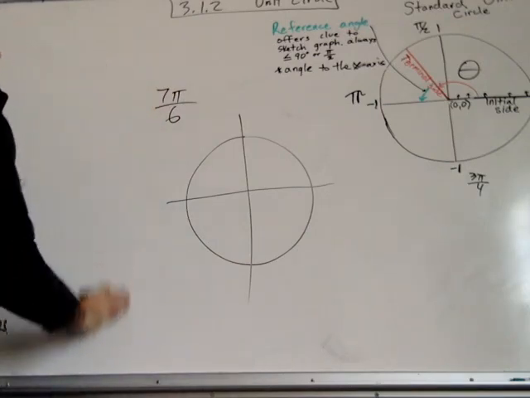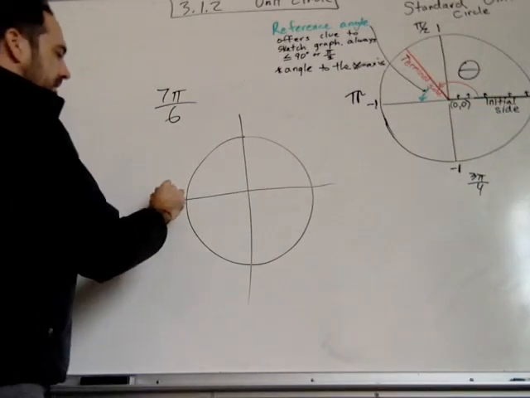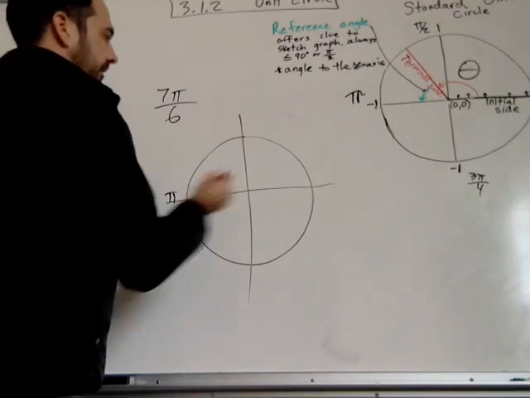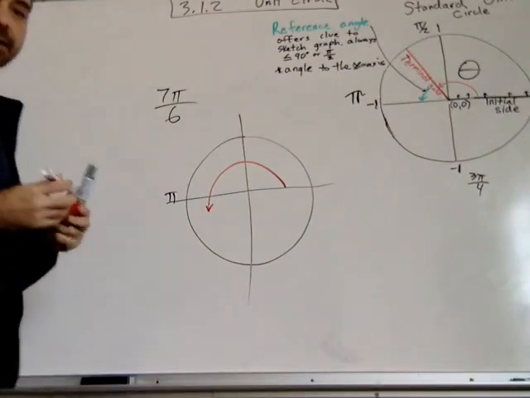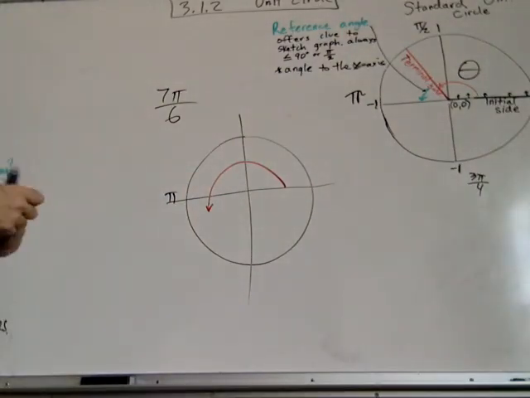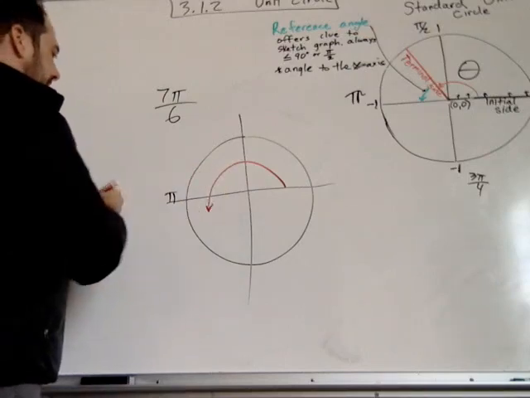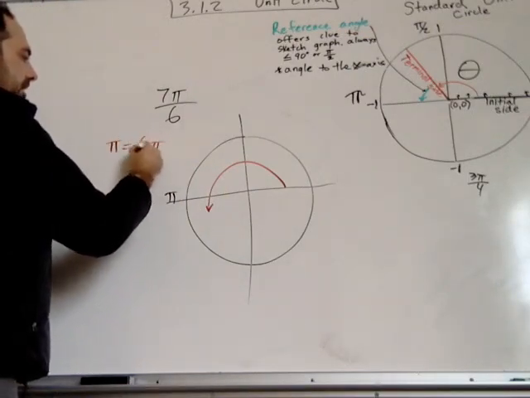So thinking about that, I know that here's pi, so it goes a little further than that. Our theta is going to go down here somewhere, past pi. Here's the deal. If I go pi distance, pi would be 6 pi over 6.